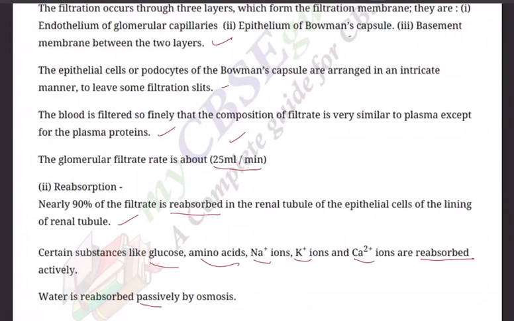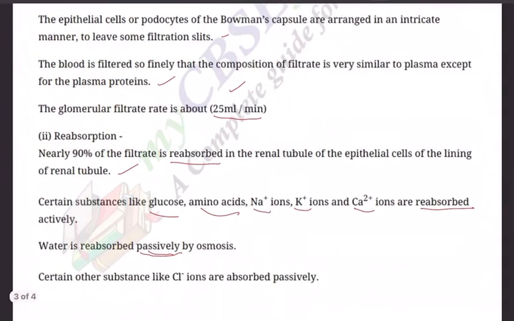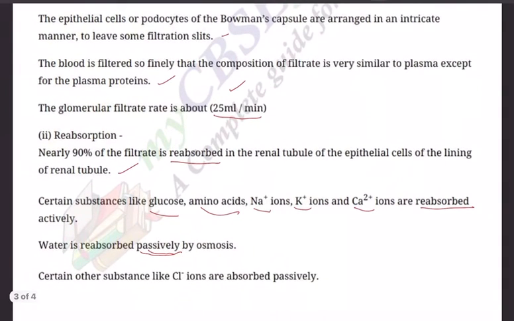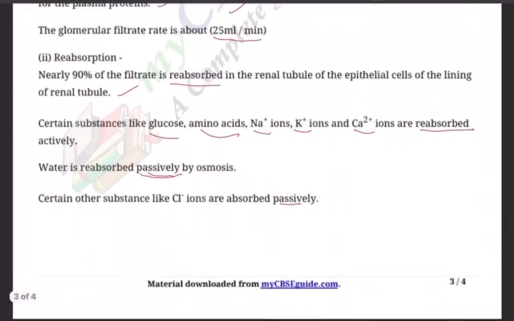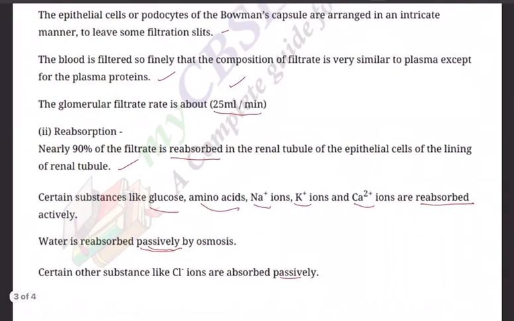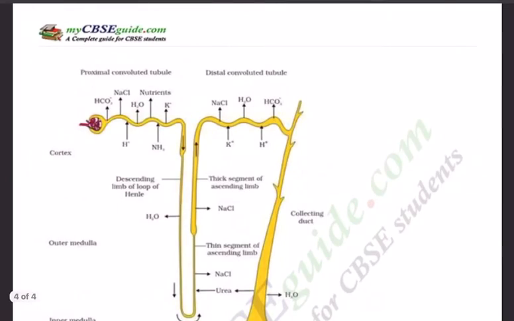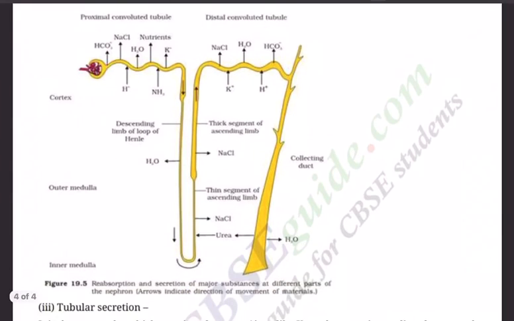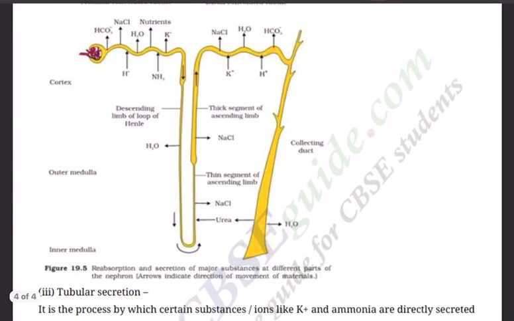Actively means by spending energy. Water is reabsorbed passively. No need to spend ATPs, but with the help of osmosis, water will be reabsorbed. Certain other substances like chloride ions are absorbed passively. So these are all essential for the body. That's why they need to be reabsorbed.